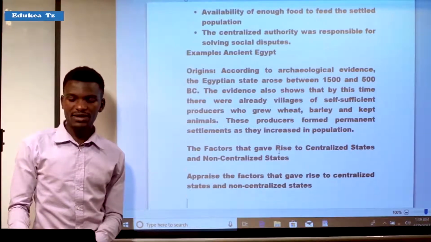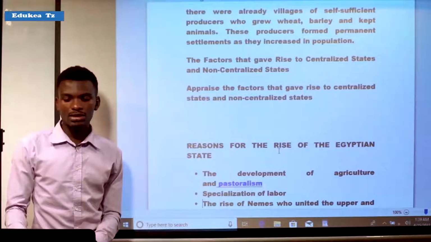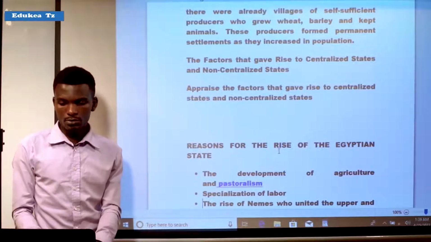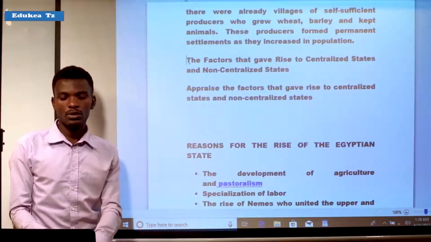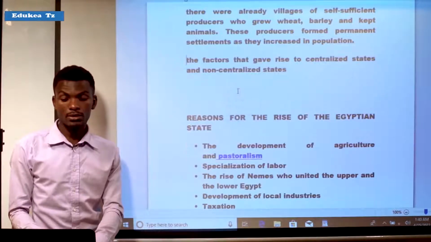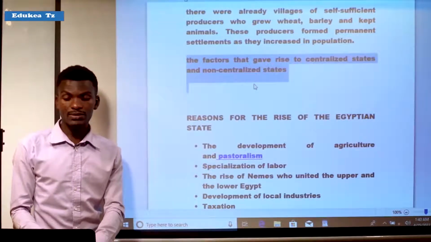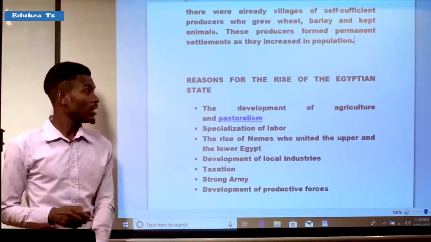Let us see the factors that gave rise to centralized states.